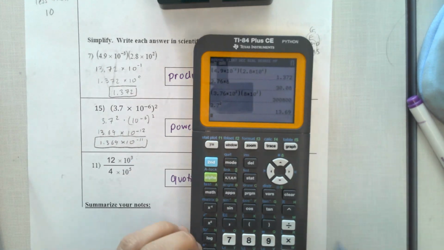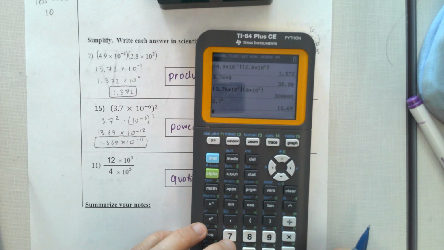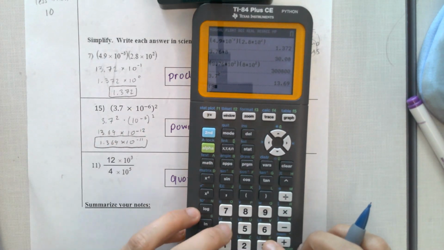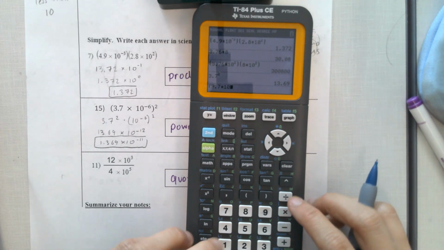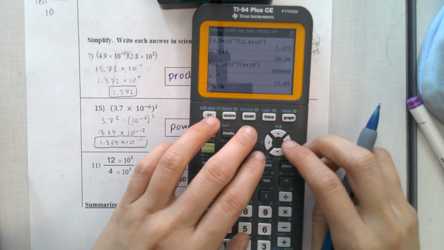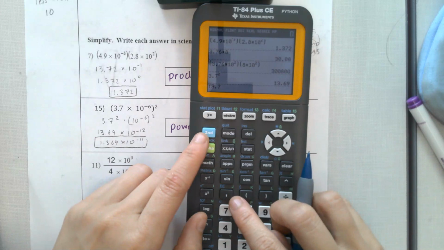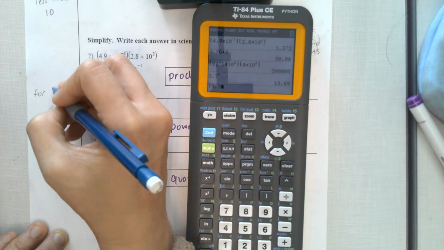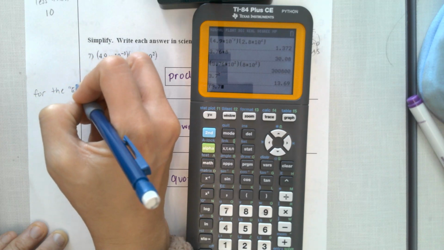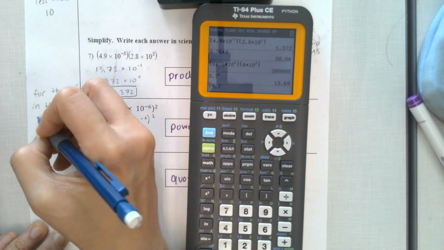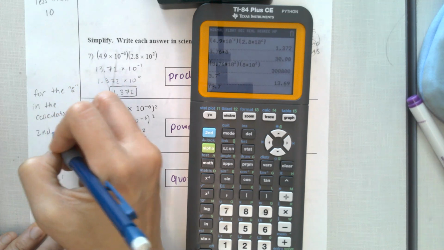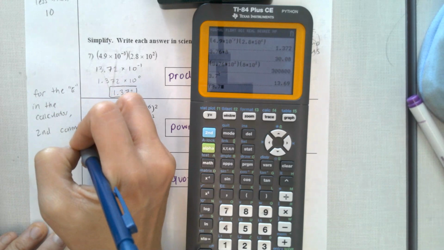All right, so I'm going to show you in the calculator how to do a shortcut. So we have 3.7. Instead of writing times 10 to the negative, you can just write the e that you see in the calculator. So it's going to be second comma, right?